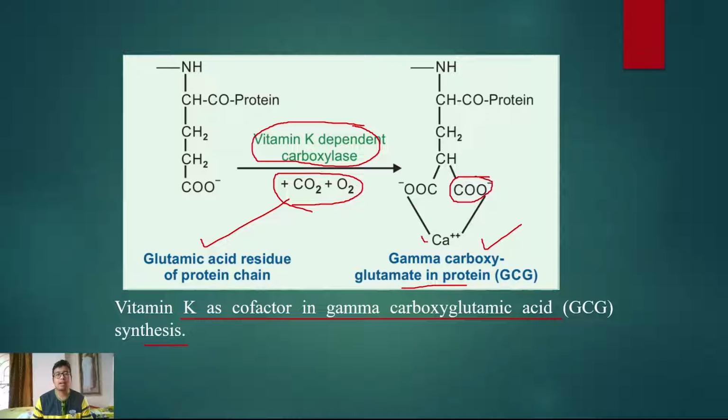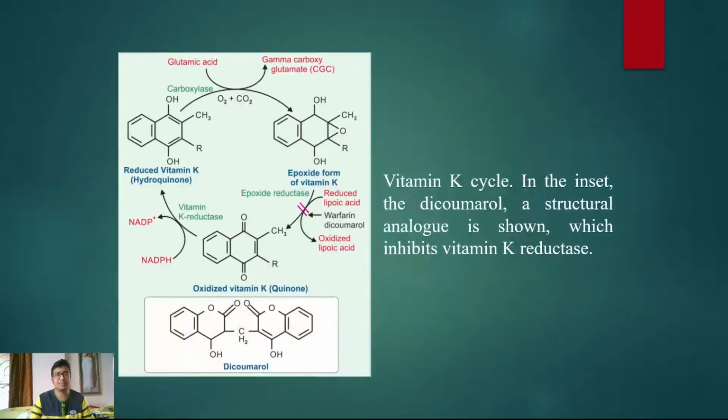And as I told you, calcium ion binds to these sites for further activation of the clotting factors. Remember, if this reaction does not happen, calcium ions cannot bind and the coagulation cascade will fail. It means bleeding will continue. The coagulation cascade is triggered once there is a cut or any injury, right? So that will be dangerous.